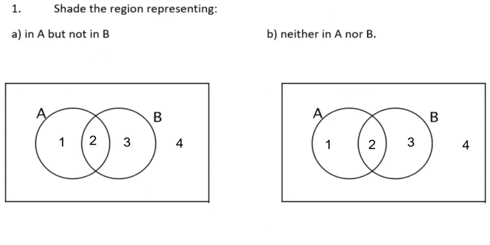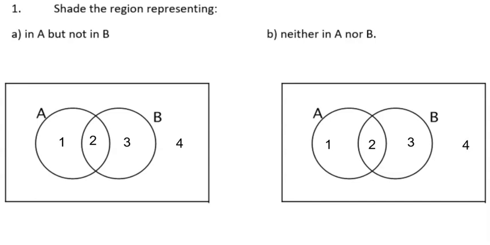So when we look at question number 1, notice I have shaded the different regions 1, 2, 3, and 4. They want us to find what's in A but not in B. Which region of that circle?